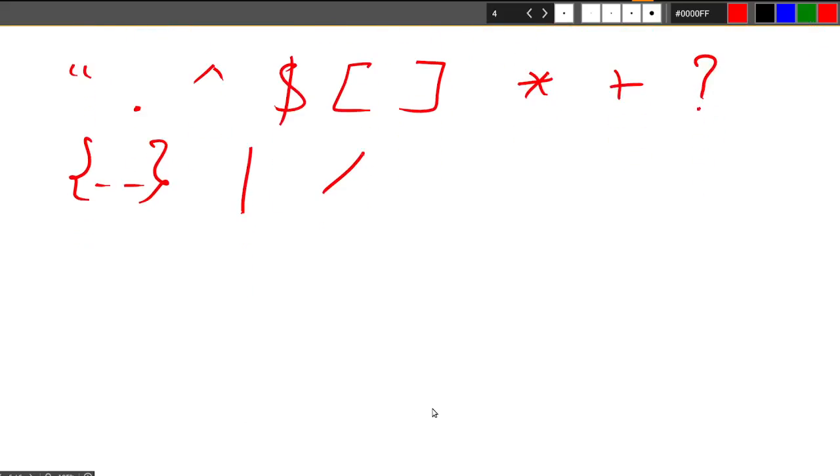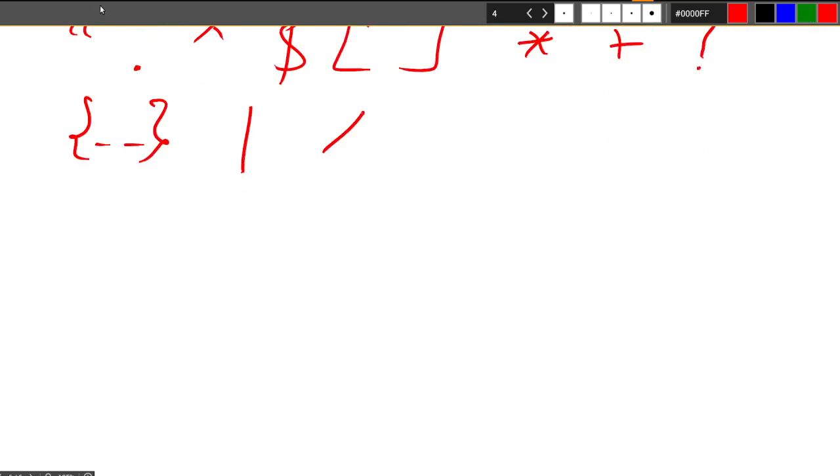Suppose I am writing one regular expression, Th dot, K S P whatever.